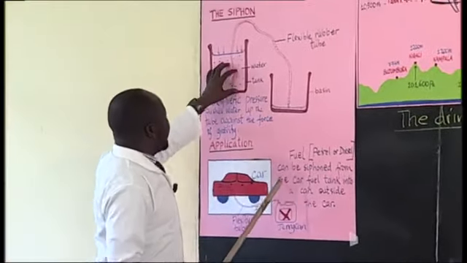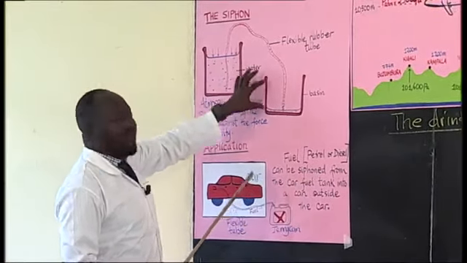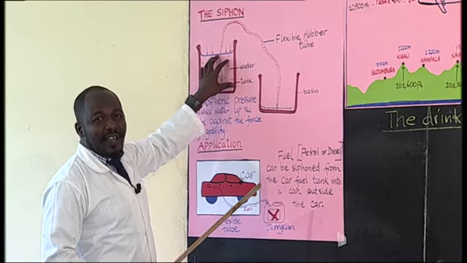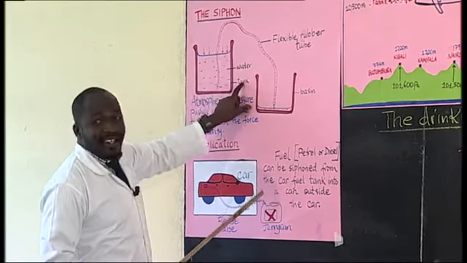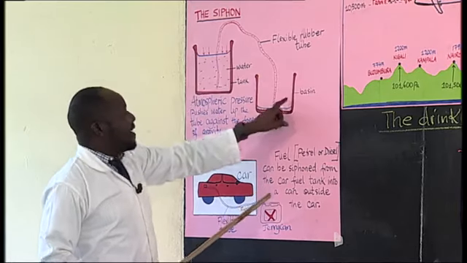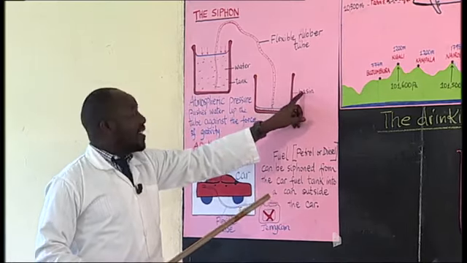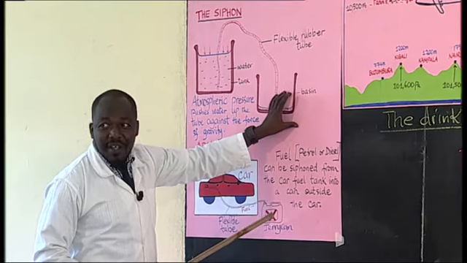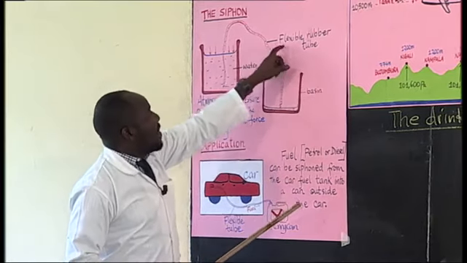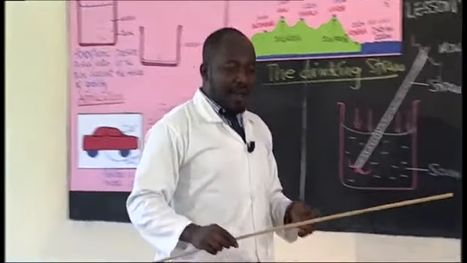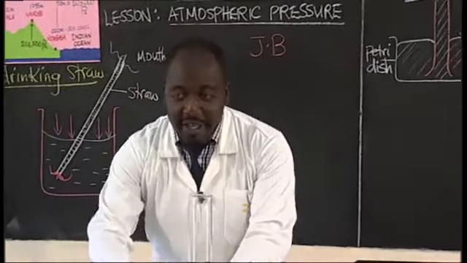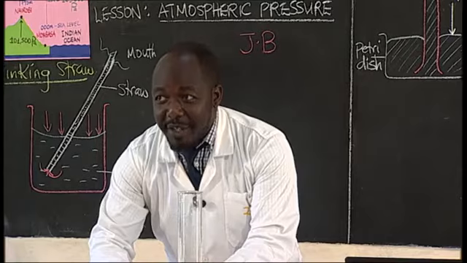And in a siphon, we are going to demonstrate it using two containers. Okay? So you have this container, which I'm calling a tank. It has some water. Then the second container that I'm calling a basin, it doesn't have water. I must also have a flexible rubber tube. That means a piece of rubber that is flexible. You see like this one? This is a flexible rubber tube.